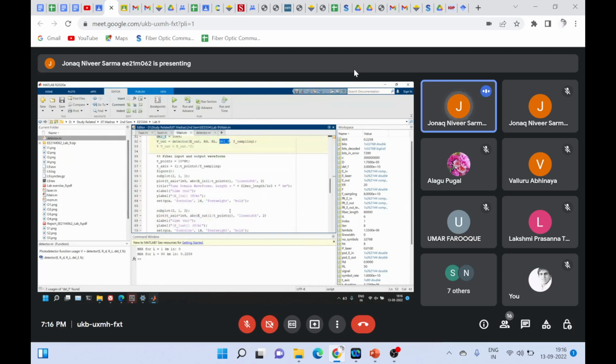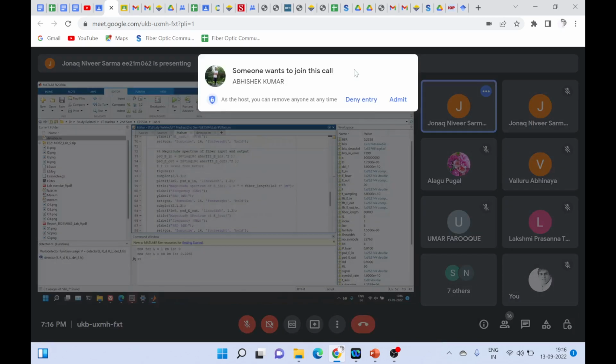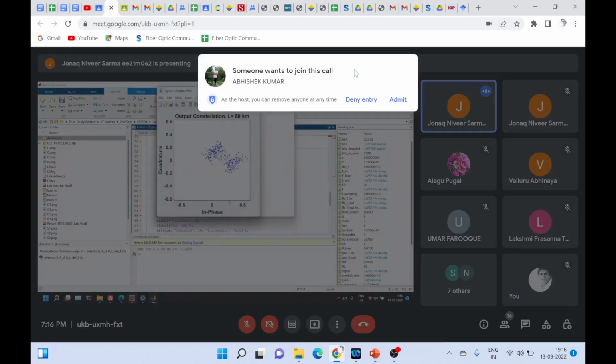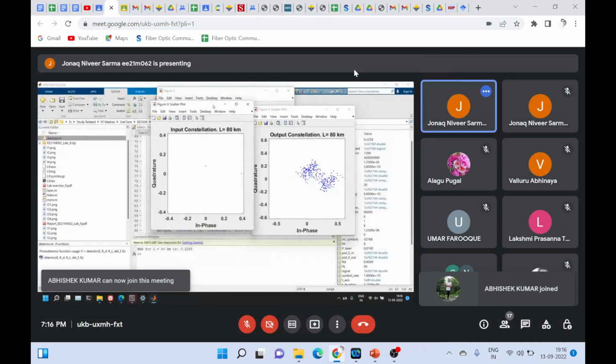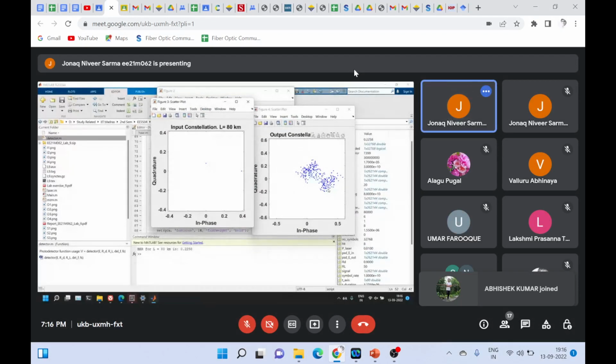Then we go ahead. You see some noise in the output oscillation. That's all I wanted to say.